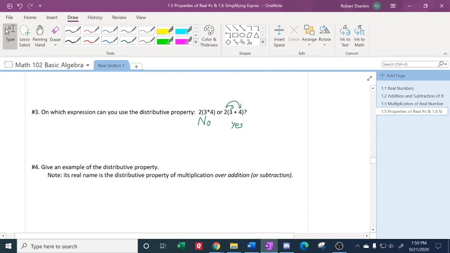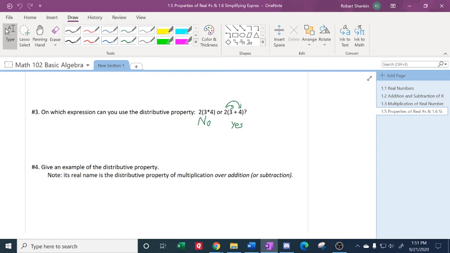All right. Now, number 4. Give an example of the distributive property. So everybody on this one, do something on your own, but don't hit enter yet. And then give both sides. So you're going to write an expression, it's going to have parentheses in it on the left. And then equal sign, and then on the right, it won't have parentheses.